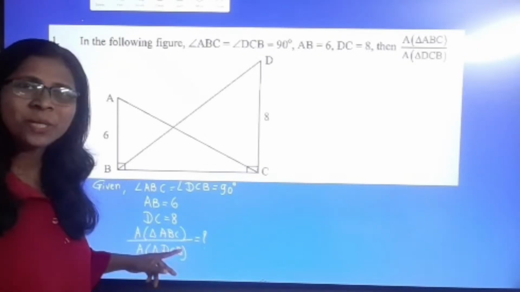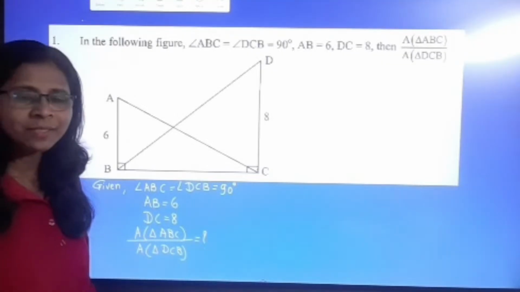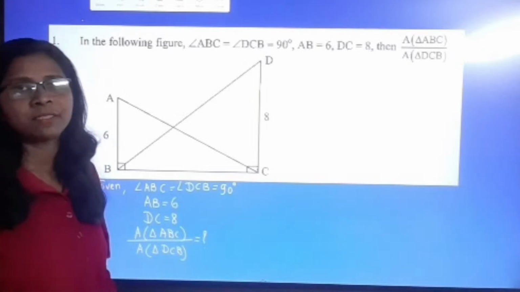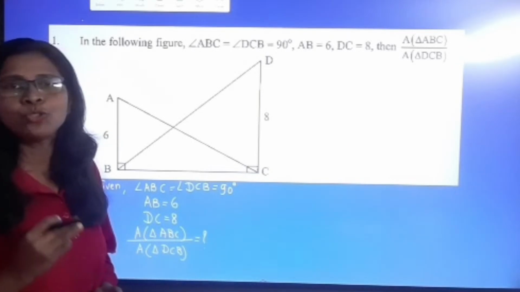So these two triangles are similar, and as they are similar, the ratio of their areas is equal to the square of the ratio of the corresponding sides.